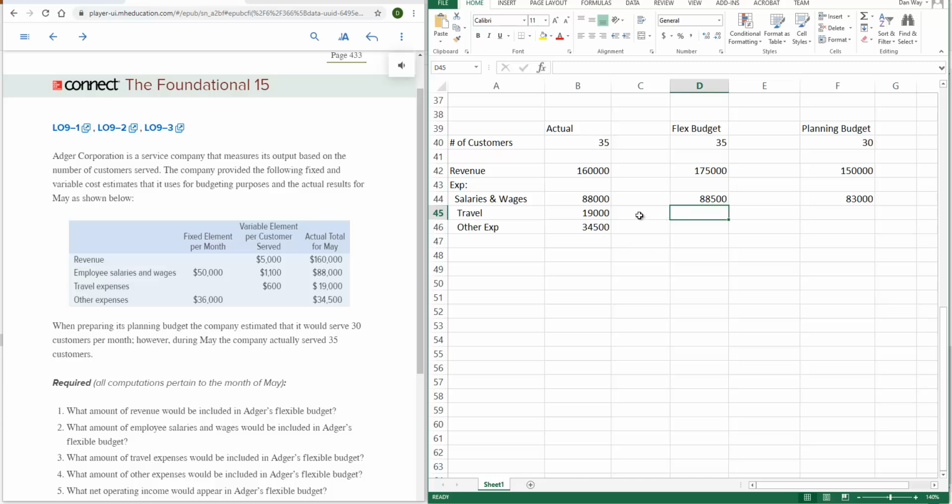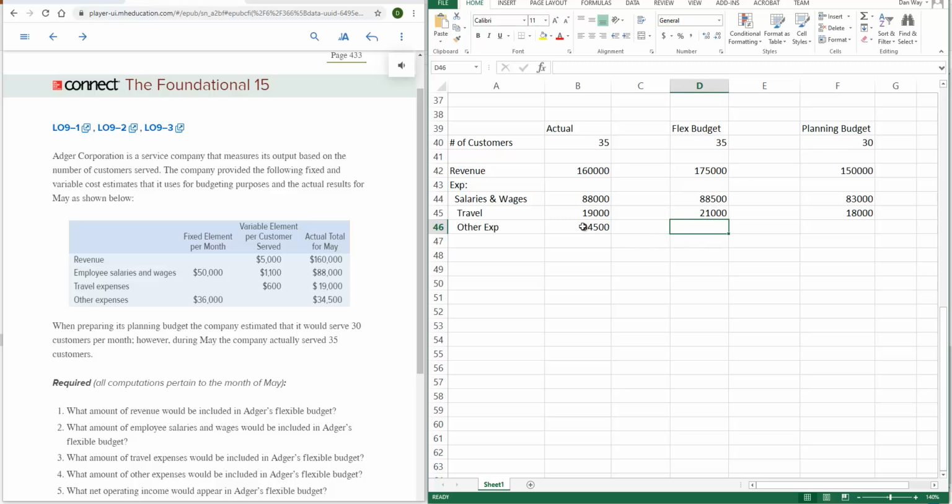So in the flex budget, travel expenses should have been $600 times the actual number of customers served of 35, or a total of 21,000. Over in the planning budget would have been the $600 times the expected number of customers served of 30, for a total of $18,000.